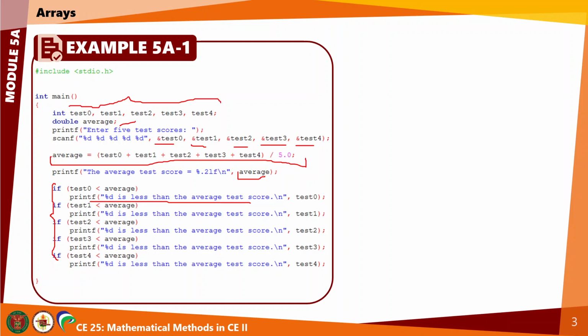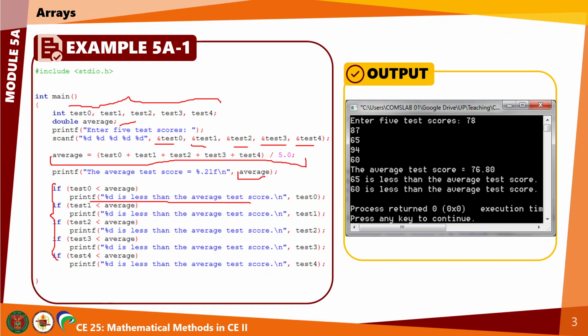Right? So, our expected output would be like this. Enter 5 test scores. The user enters the 5 scores, and then it shows the calculated average test score. And then it displays only the scores that are lower than that average, which in this case are 65 and 60. Okay?